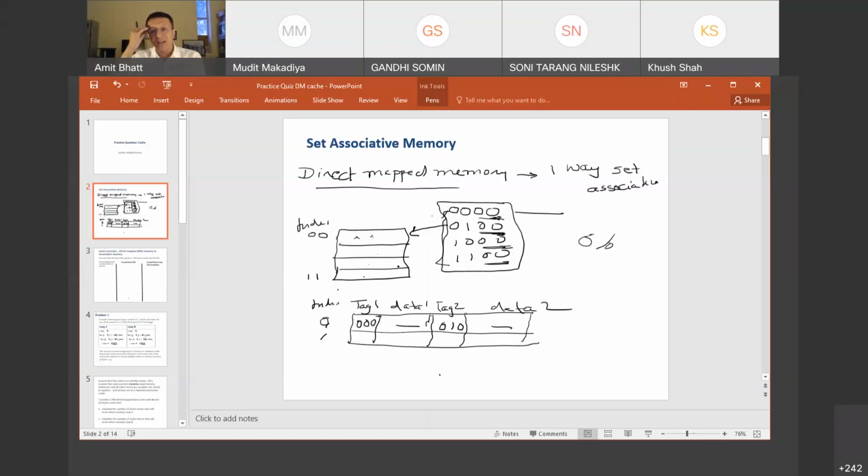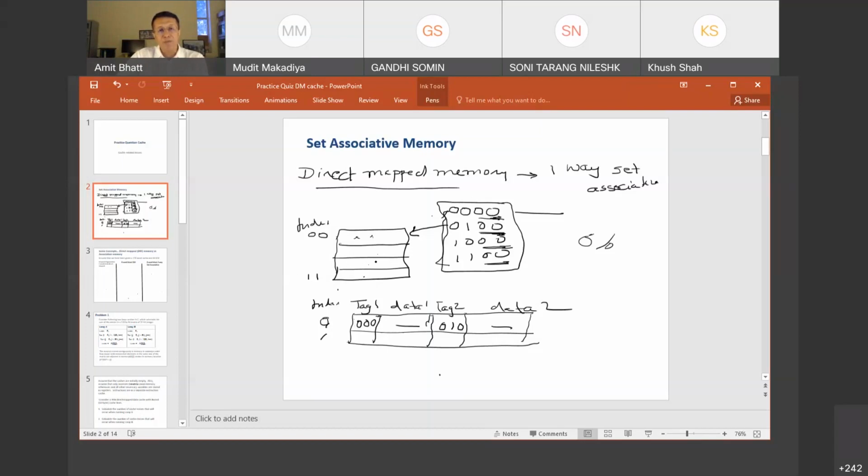So now someone has come up with the idea that, let's have two-way set associative. Two-way set associative means for each index, you can store two tags. So that means in this example, the index size has reduced from 2 bits to 1 bit, because now the structure has become like this. The physical things have changed. Why?